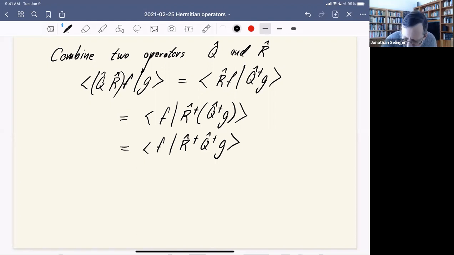So that means that the Hermitian conjugate of QR, QR all dagger, is equal to R dagger Q dagger.